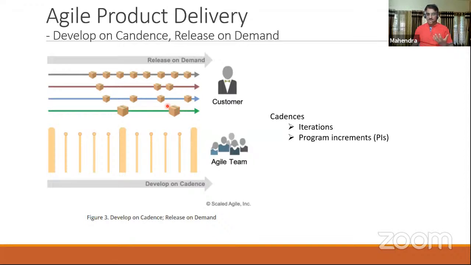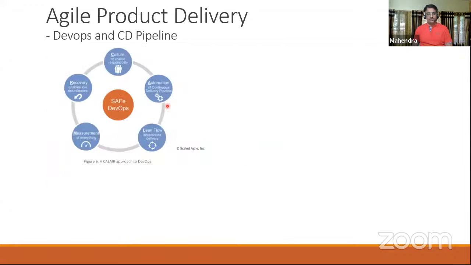The engineering team says: from our side, the quality is built in, now it is for you to take it to the market. That is where features like feature toggles come into place. These are engineering aspects which are fundamental and really important to achieve release on demand. This is what this dimension talks about.